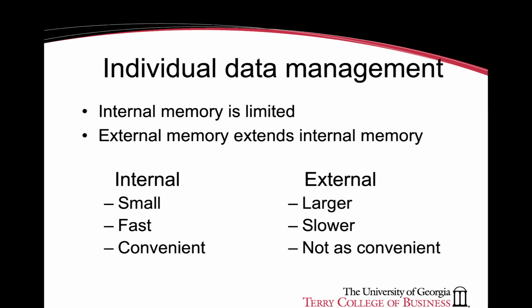And so we have to supplement our internal memory with external memory. Our external memory in the form of applications, post-it notes and notepads, extends our internal memory and so allows us to store a larger piece of information. But it is actually slower. It takes us time to access those apps or those post-it notes and notepads. And so it is not as convenient because it is slower.